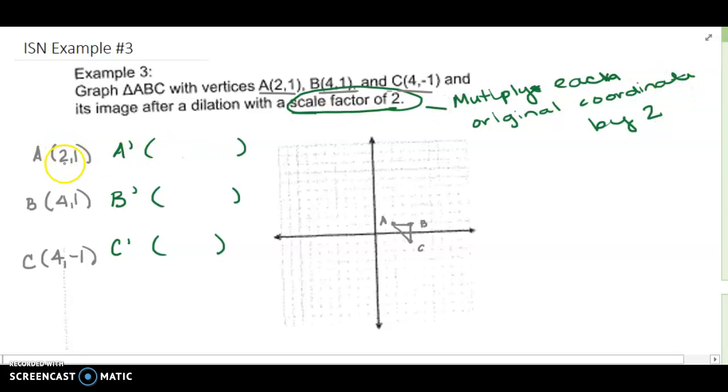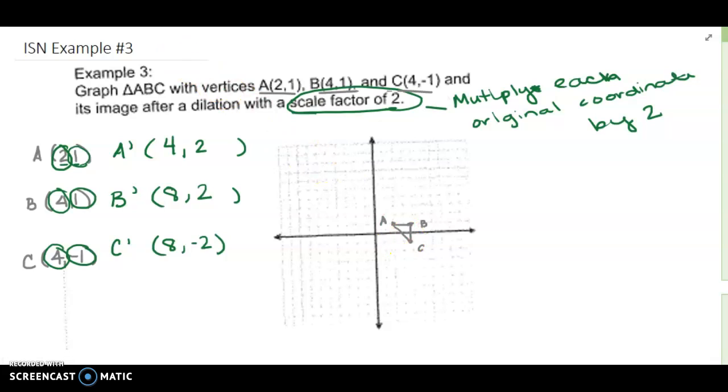So if I take 2, 1, that's my original coordinate. If I multiply each number by 2, 2 times 2 is 4, 1 times 2 is 2. 4 times 2 is 8, 1 times 2 is 2, and 4 times 2 is 8, 2 times -1 is -2. Then I'm going to plot those 3 points.